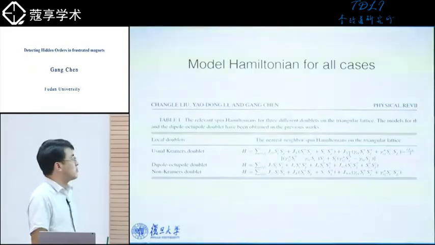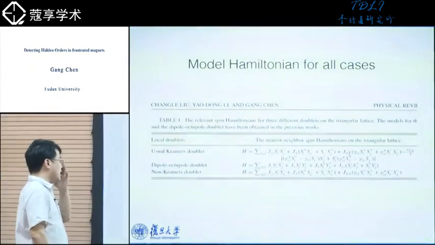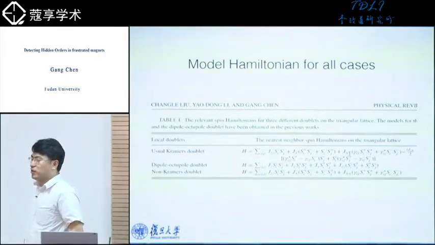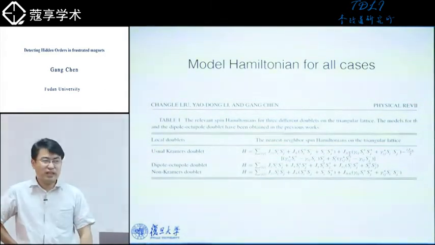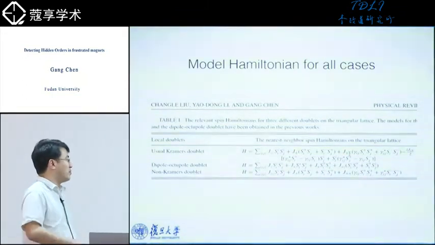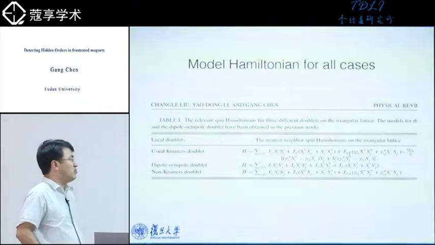So it turns out, as I said, for any kind of rare earths on a triangle lattice in a D3d point group, one can propose some generic Hamiltonian for them.